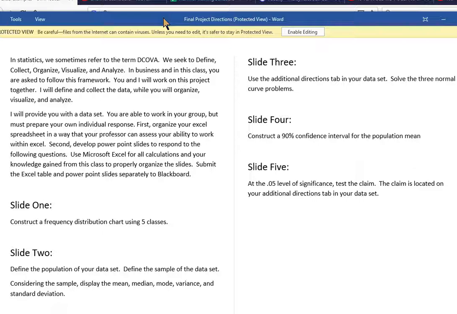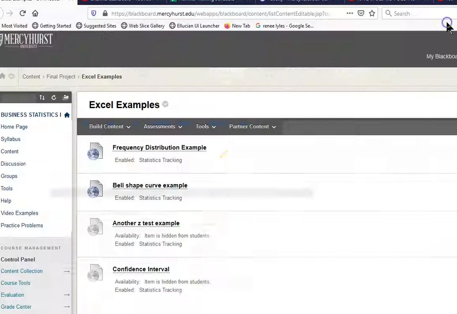Okay, you're going to solve those. Slide 4, you're going to construct a 90% confidence interval for the population mean. And slide 5, you are going to, at the 0.05 level of significance, test the claim, and I will give you a claim.